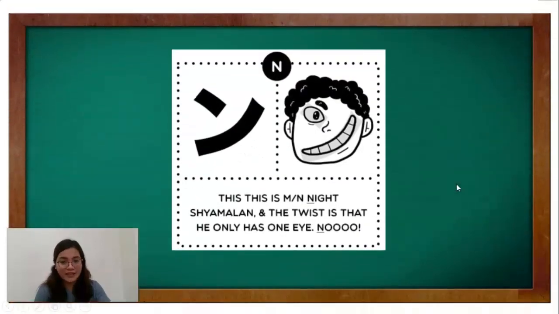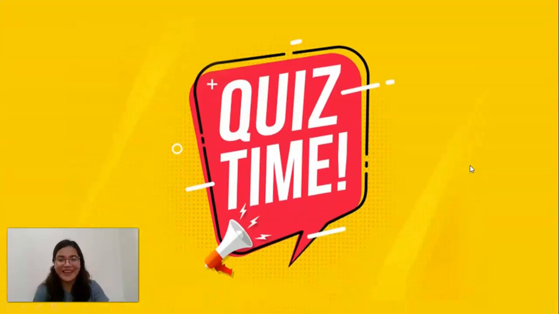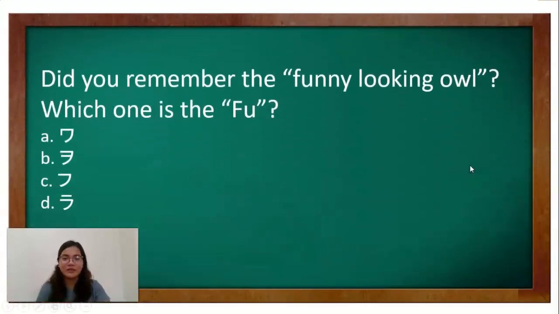And last, n. This is a night Himalayan, and the twist is that he has only one eye. Oh no. So n as in night or n as in no. And now let's proceed to the quiz time.